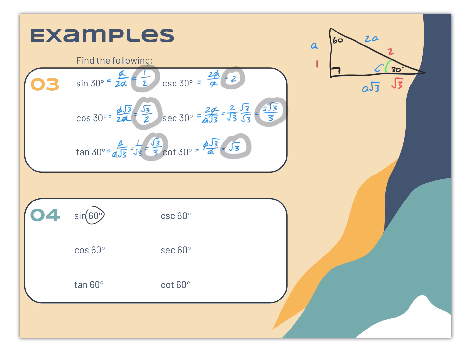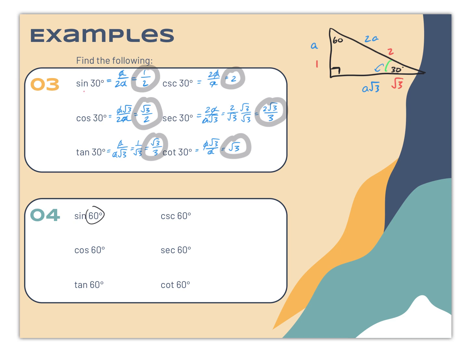Now, let's try that same problem, okay, but let's do it using the numbers, the 1, the radical 3, and the 2, just so you can differentiate, okay? We already know what the answers are, so let's come back in. Let's do the sine of 30 using the numbers.